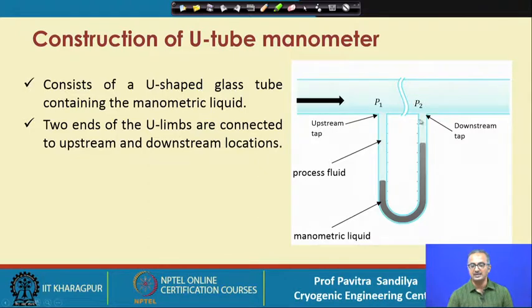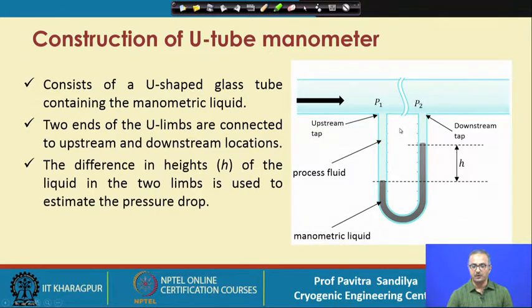And the two ends of the manometer are put, one on the upstream side and one on the downstream side. Because the pressure on the upstream side is more than the pressure at the downstream side, we find that this liquid is pushed downwards more than the other limb.